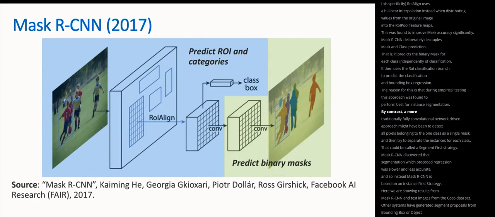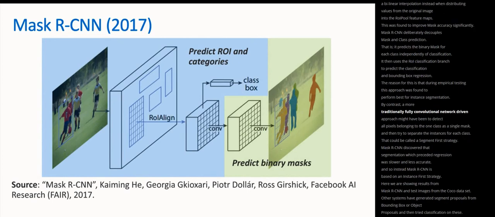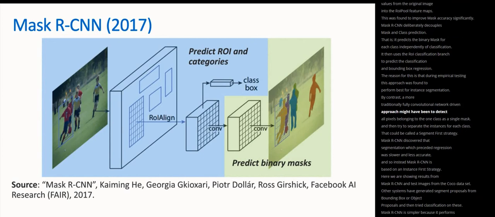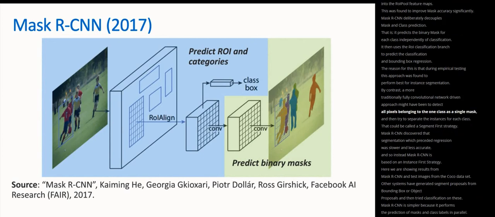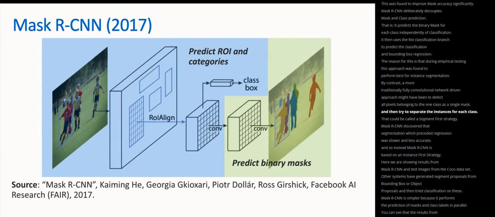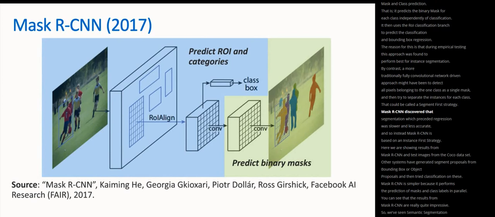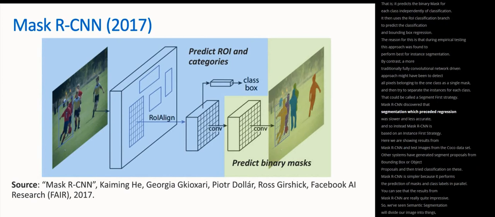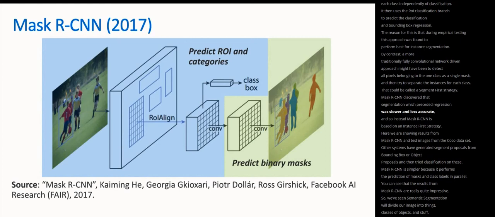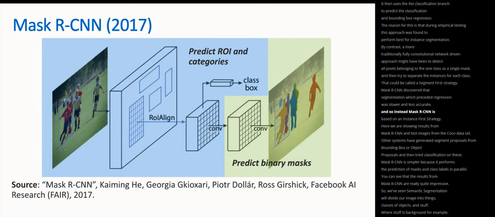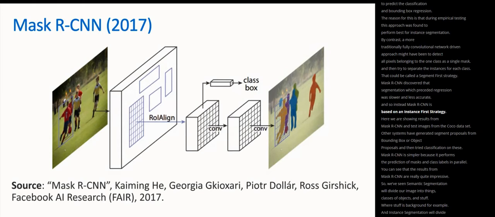By contrast, a more traditionally fully convolutional network-driven approach might have been to detect all pixels belonging to the one class as a single mask, and then try to separate the instances for each class. That could be called a segment-first strategy. Mask R-CNN discovered that segmentation which preceded regression was slower and less accurate, and so instead Mask R-CNN is based on an instance-first strategy.